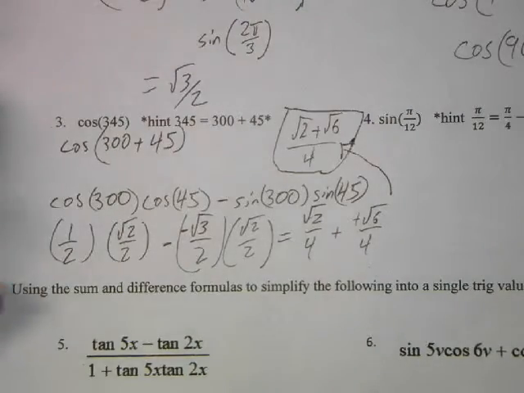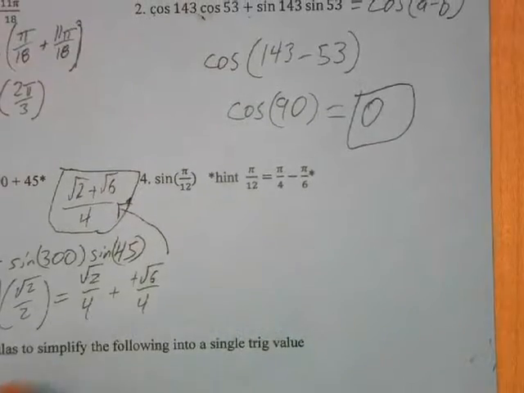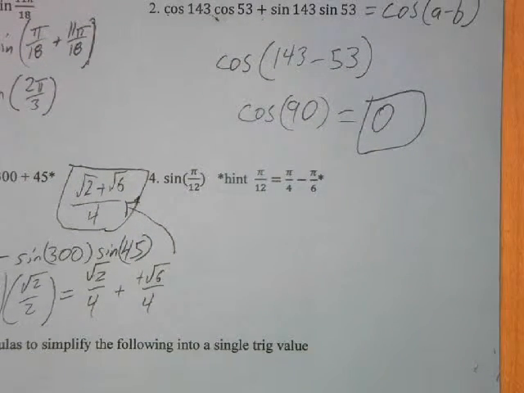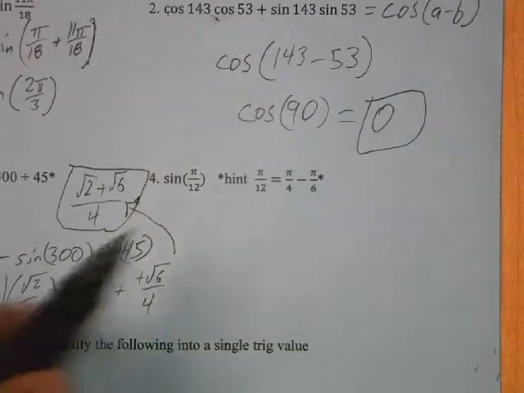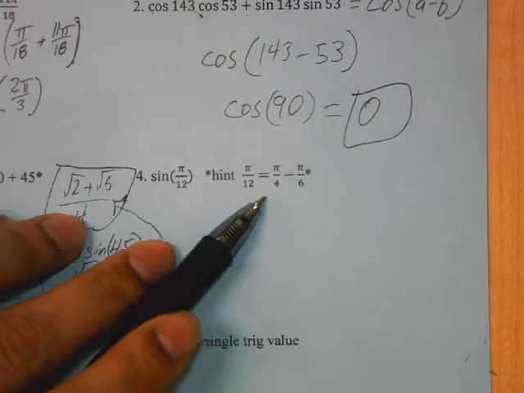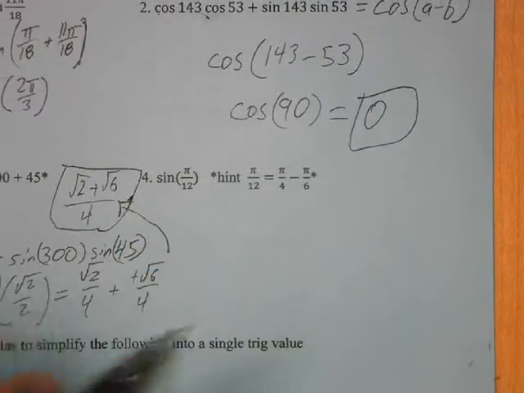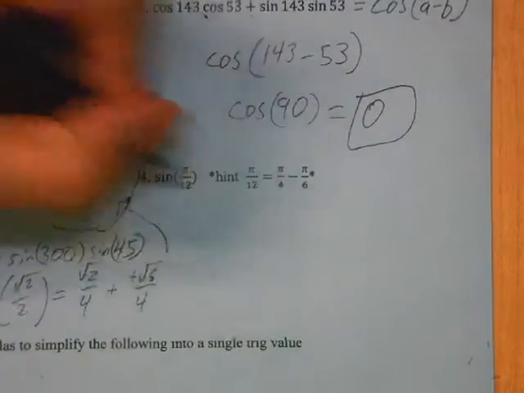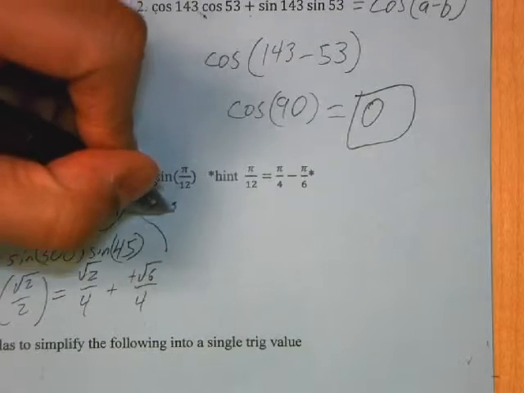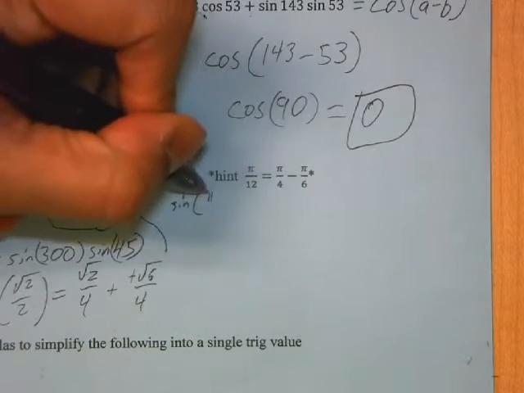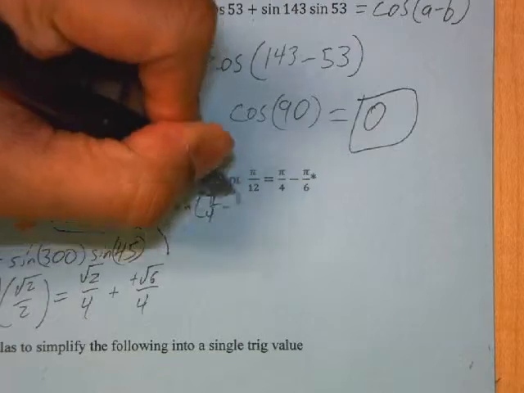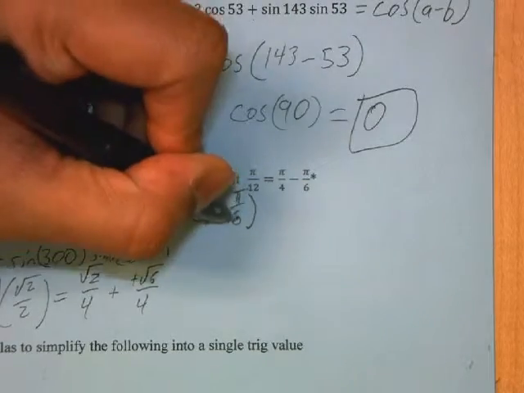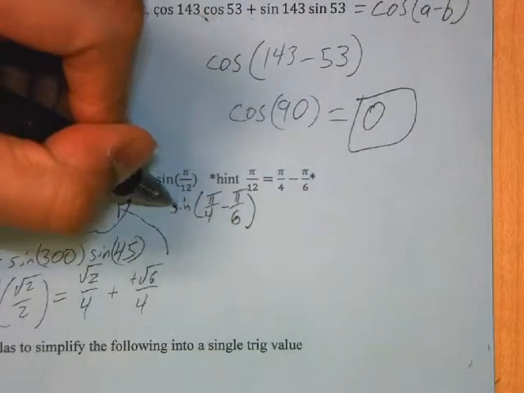Okay? So very similar for number 4, right? Except this time we've got slightly different angles, right? Our setup is in radians. So if we set it up, we can say sine pi over 4 minus pi over 6, and use the formula again to break this down, okay?